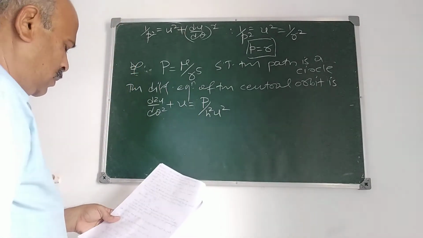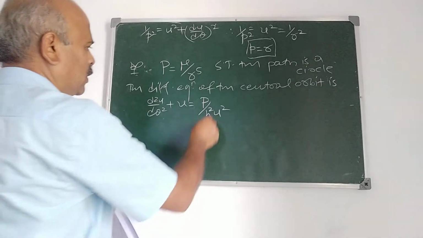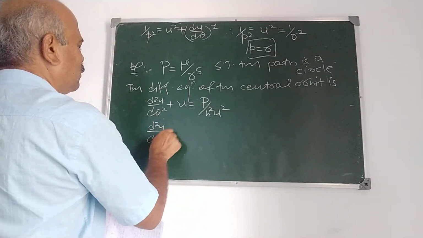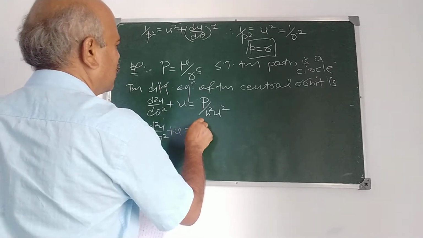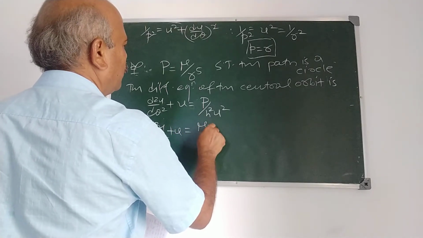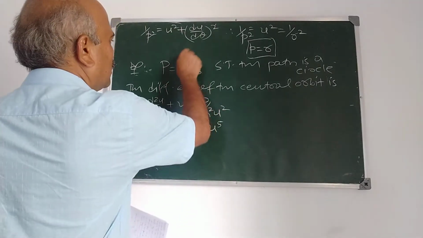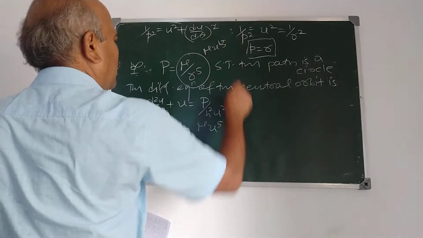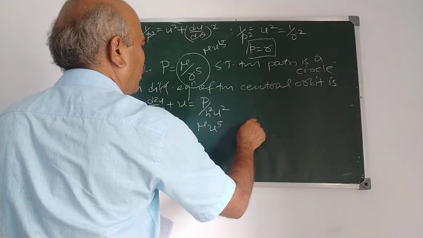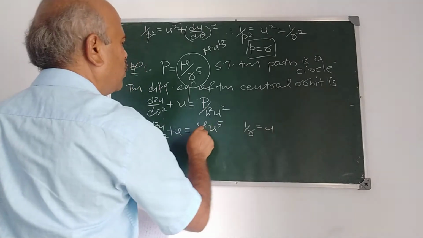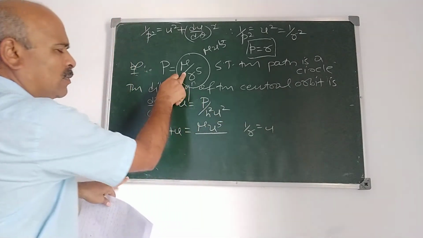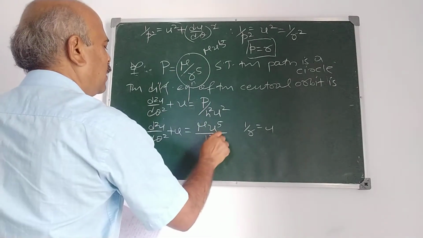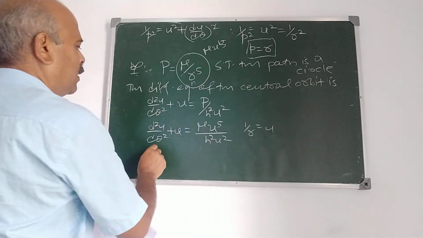Now, substitute P here. What is P? d2u by d theta square plus u is equal to mu u raised to 5, because 1 upon r is equal to u. Mu u raised to 5 by substituting the value of p here, divided by h square u square.